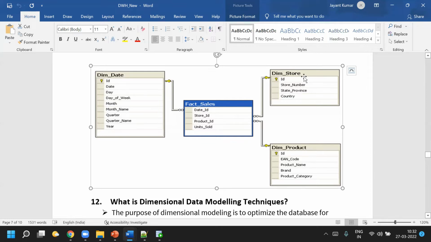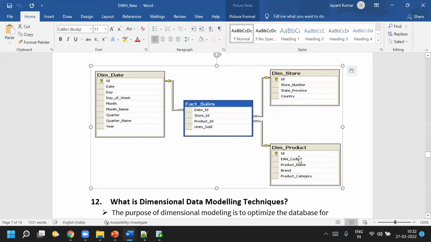In dimension store, we will have all details of the store in a dimension format. You can see ID, store number, store province, country. The product dimension will have all product details, what products are available in that particular department or store.